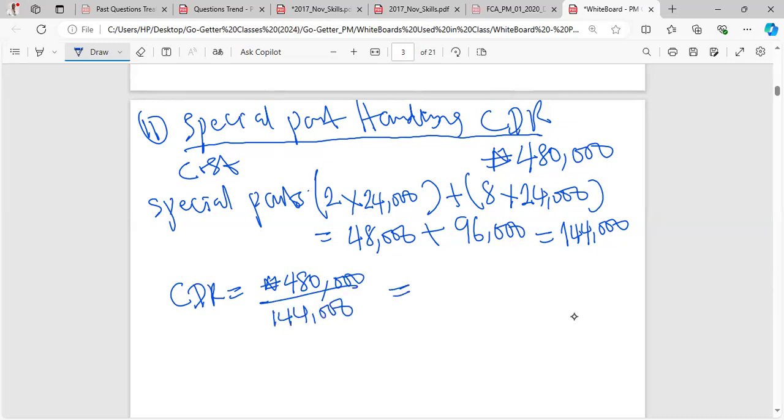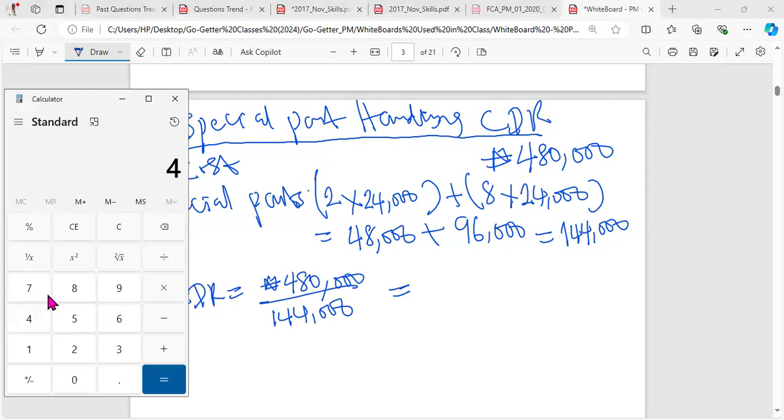So what would that give us? 3.333. Hold on, let me cross check all that we did here.